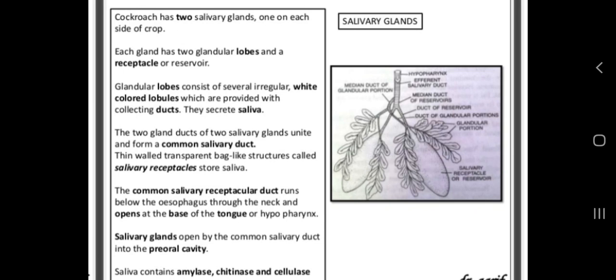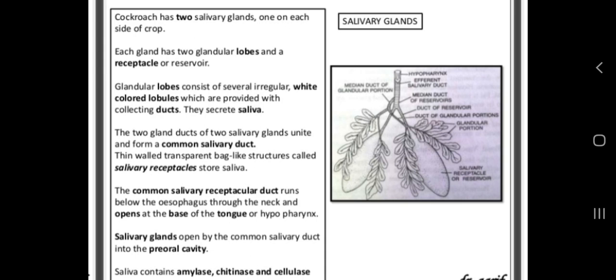Each gland is made up of two glandular lobes and one reservoir or receptacle. The two glandular lobes synthesize the salivary enzymes, while the salivary receptacle stores the saliva.